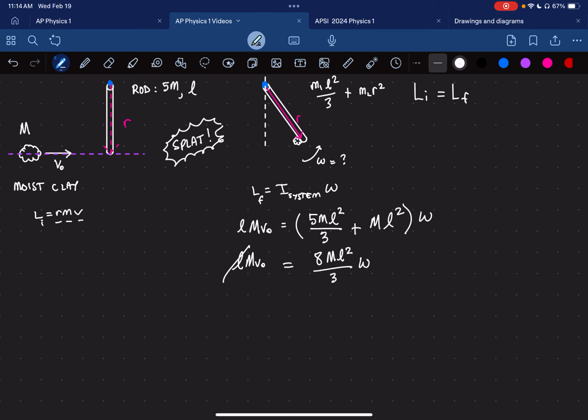We can cancel an L from both sides. We can cancel an M from both sides. This is V naught equals 8L omega over 3. I just moved the 3 to the top of the fraction there. And we want to solve for omega. We'll multiply by a 3. We'll divide by an 8L.